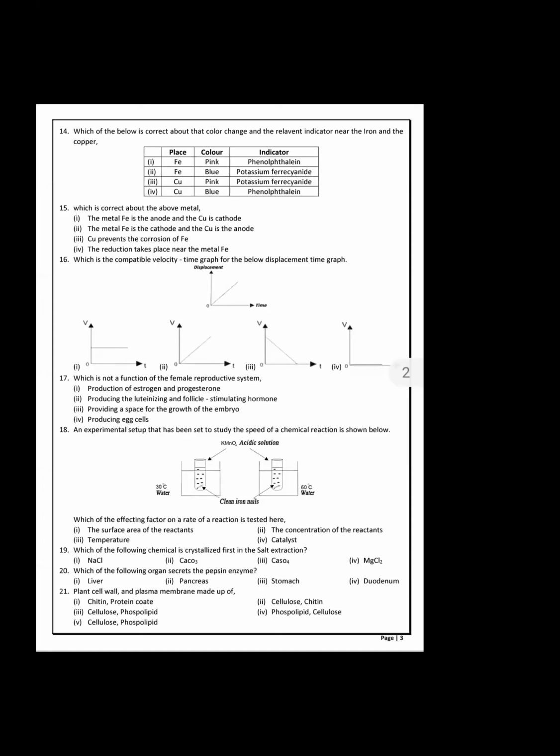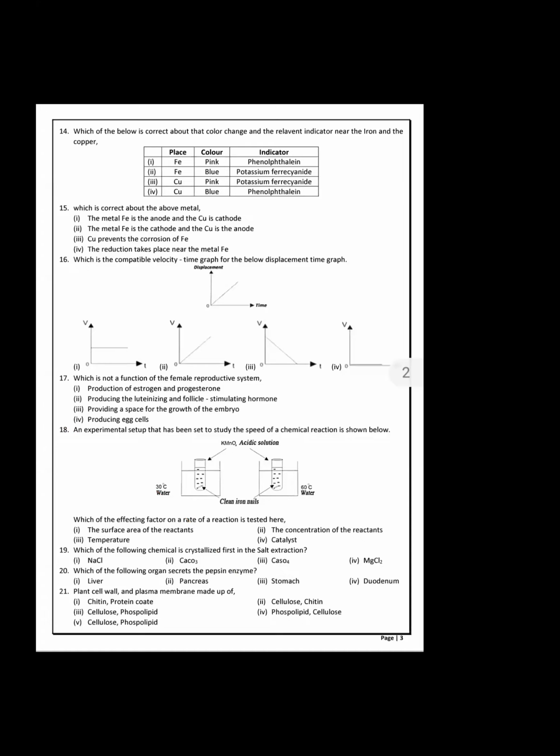Which of the below is correct about the color change and the relevant indicator near the iron and the copper? What is the answer? How is iron rusting? How can we measure it? How can we find out? Which of the below is correct? Option 1: Fe pink, phenolphthalein.